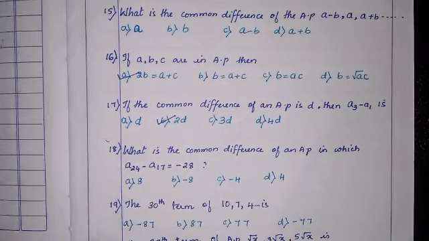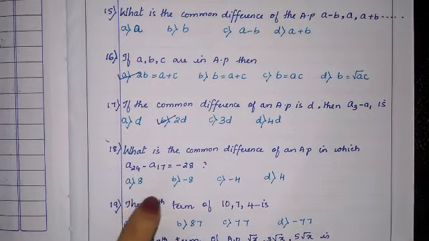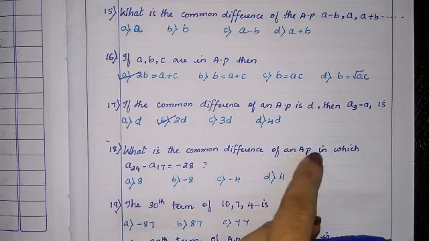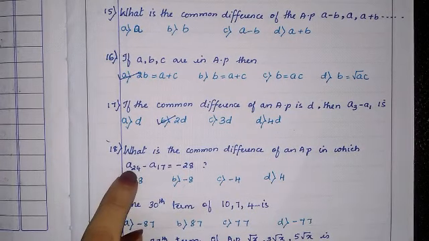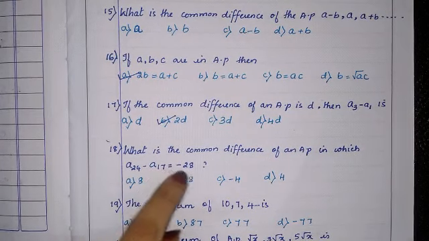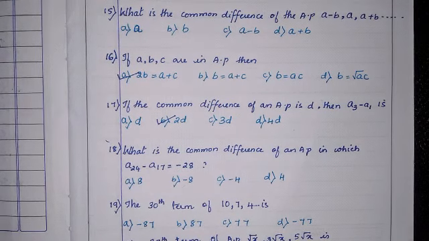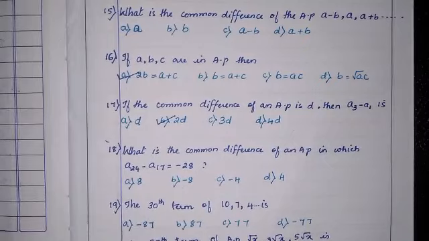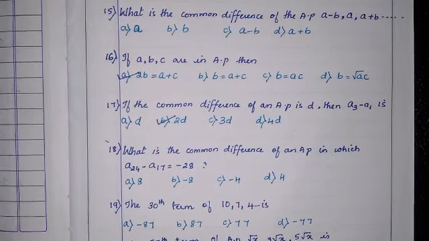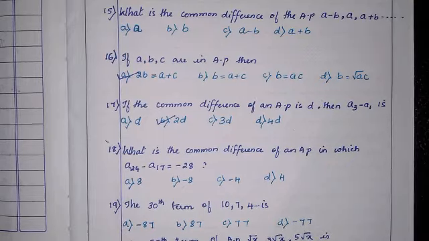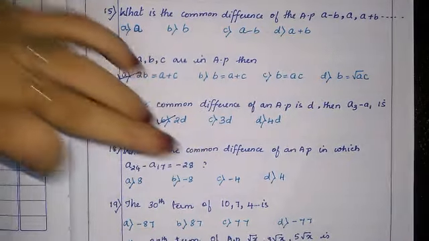Now let us see, what is the common difference of an AP in which A24 minus A17 is equal to minus 28. What is the D value out of this? Here the question is what they have told. A24 minus A17 is minus 28. So what is the common difference?